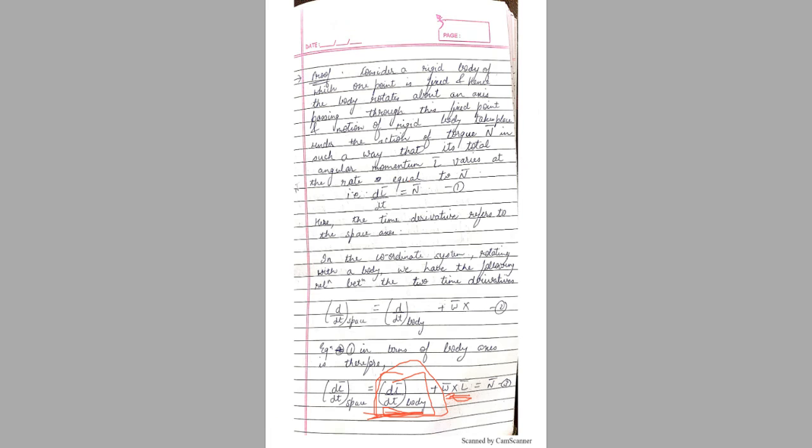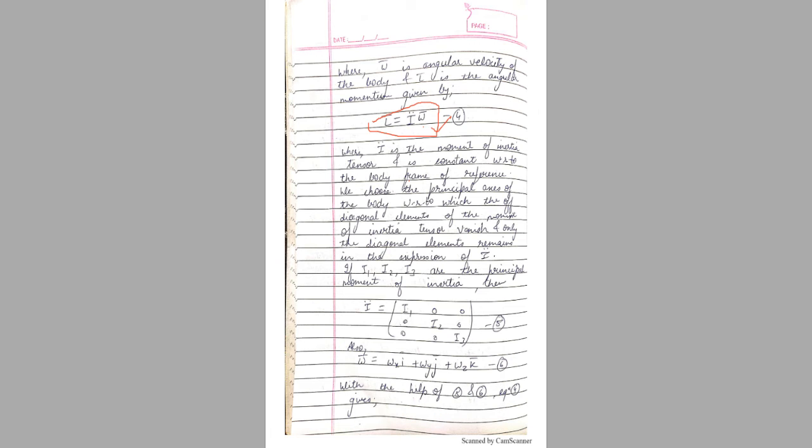So here they are saying to consider the entire calculation with respect to the principal axis. In this equation, I will read it out. Here I double dot is the moment of inertia tensor and is constant with respect to the body frame of reference. We choose the principal axis of the body with respect to which the off-diagonal elements, that means the non-diagonal elements, of the moment of inertia tensor vanish and only the diagonal elements remain.